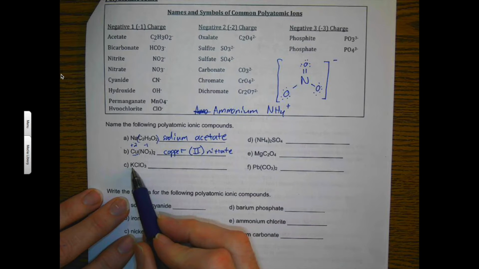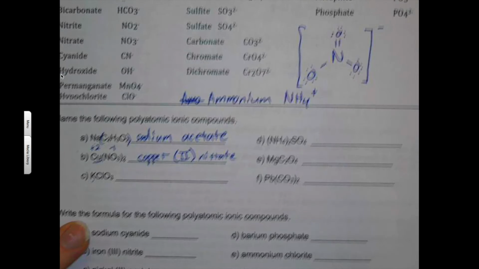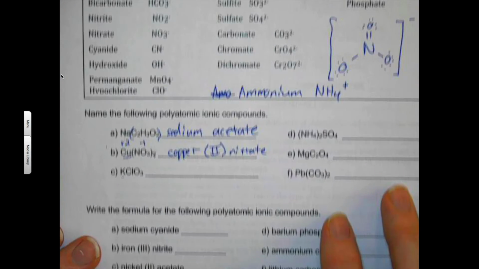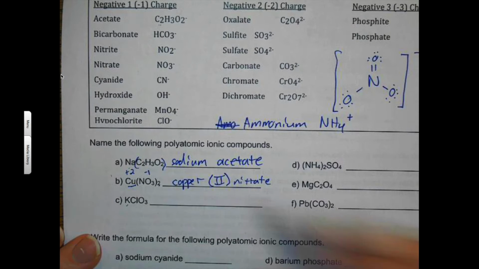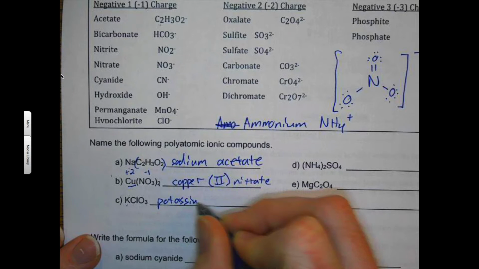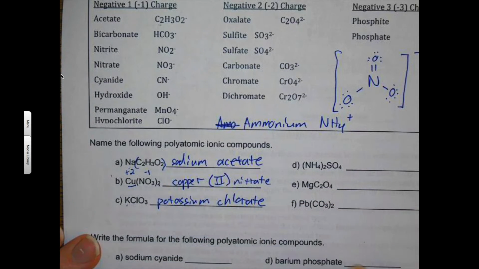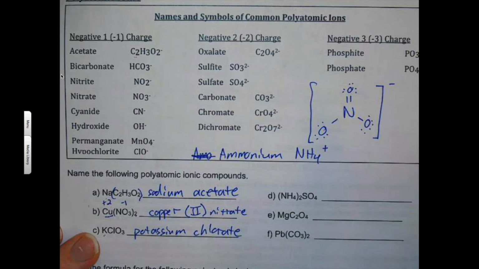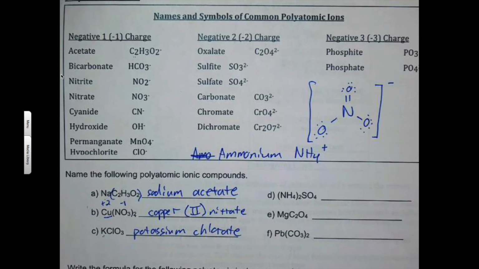This one's a little nicer. This is type 1. This is potassium. And that is KClO3. So that's going to be potassium chlorite. Because all you did was take a look at, oh, that's not even on the list either.